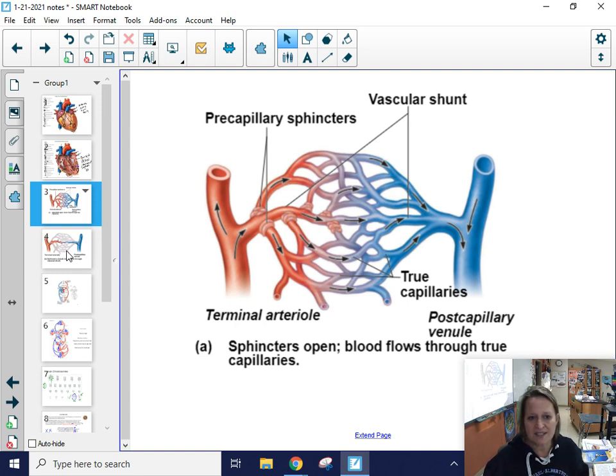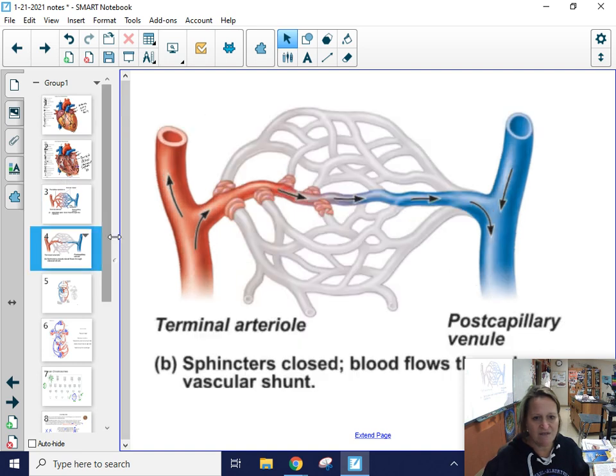So how this is achieved, how it is that we can divert some of our blood flow to some places and away from others, is because of these pre-capillary sphincters. So a sphincter, remember, is a muscle that can open and close things. And so we have them in our capillary beds. And each of our tissues, no matter how much they're working, are going to need some blood flow.